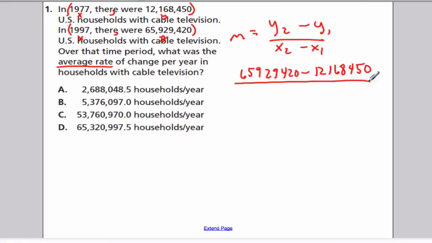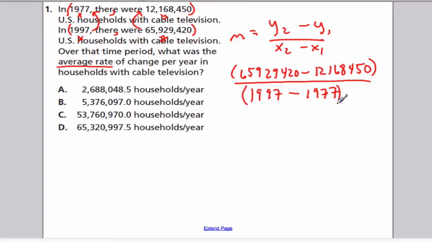divided by, now I need to go in the same order. Since I did 65 million minus 12 million for the y's, I need to do 1997 minus 1977 for the x's, just to stay in consistent order. When you go to do this on your calculator, I would highly suggest that you do the top part first, and then do the bottom part.